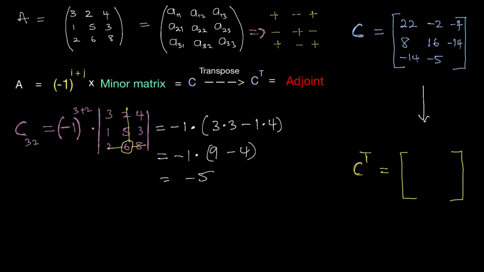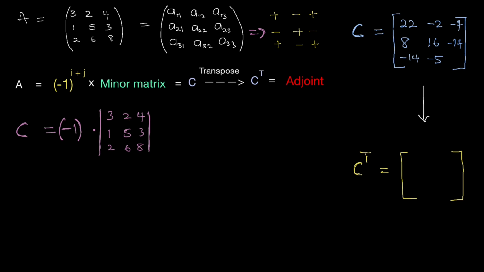Finally, I need to find the cofactor element 3, 3. Now I write 3, 3, and that's 3 plus 3, and that would be an even number. So minus 1 to the power of even would be positive, and that'll be equal to positive 1 times, open bracket, I need to find the element, which is 8, draw a vertical line, a horizontal line, and any element not on the line will be the minor matrix element.